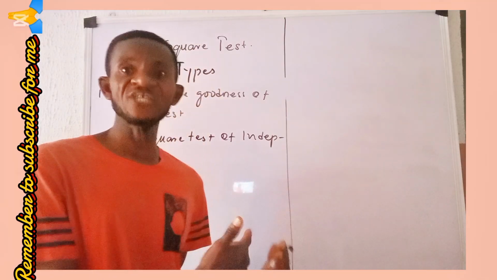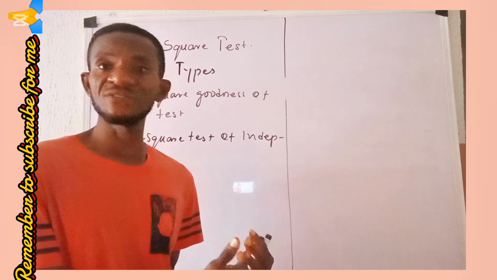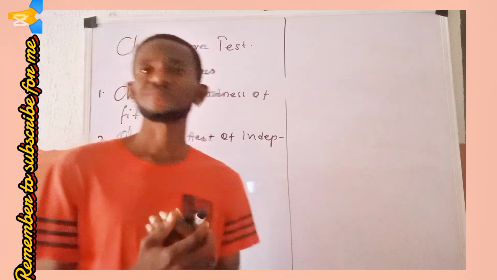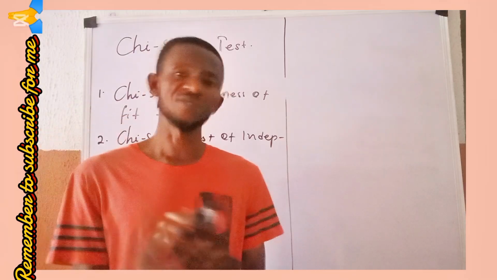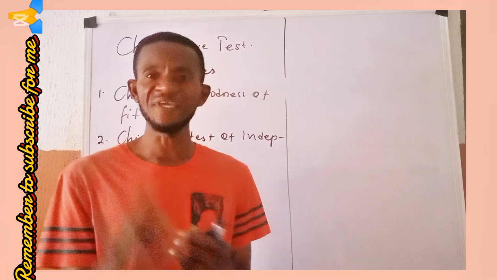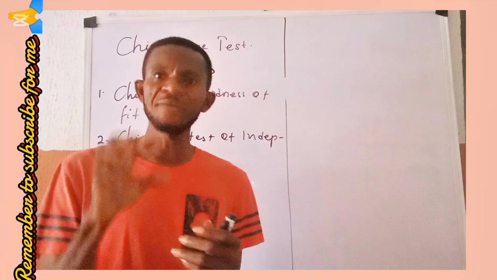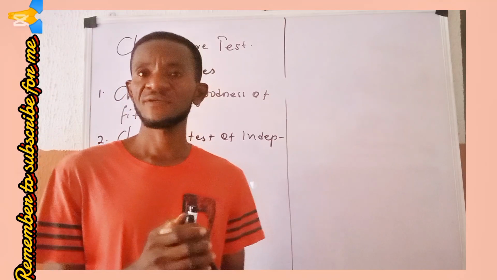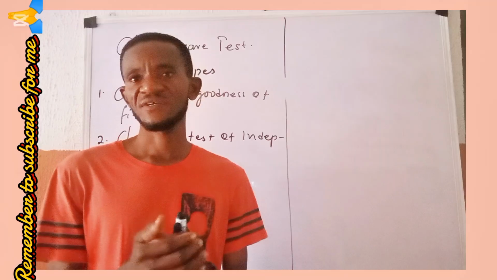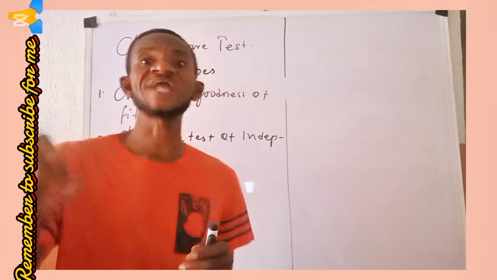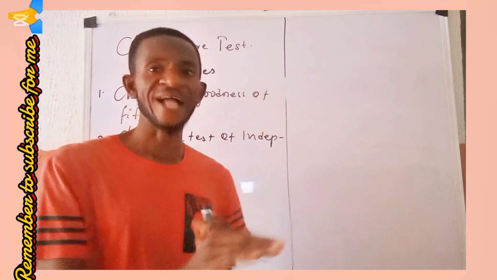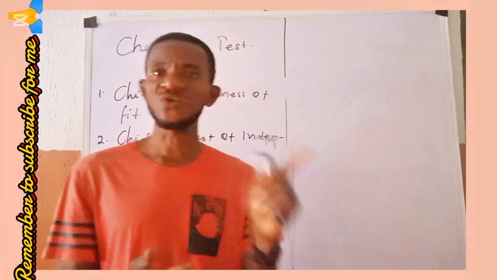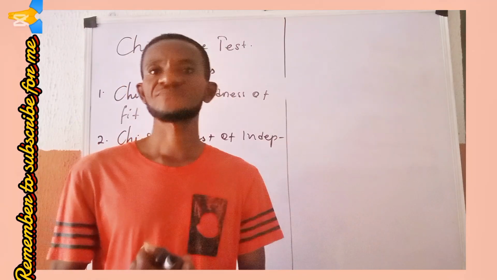Therefore, the implication of this explanation of the chi-square goodness of fit test is that it is used to determine how the predicted values from our model match the actual observed values of the data set. That is what we call the chi-square goodness of fit test.